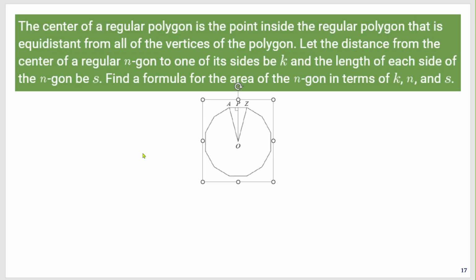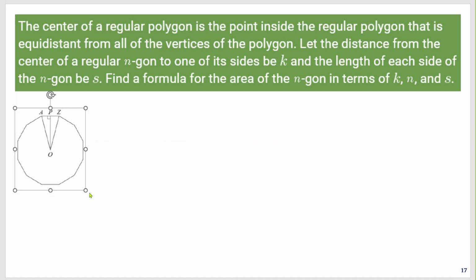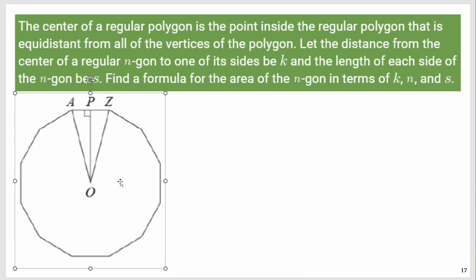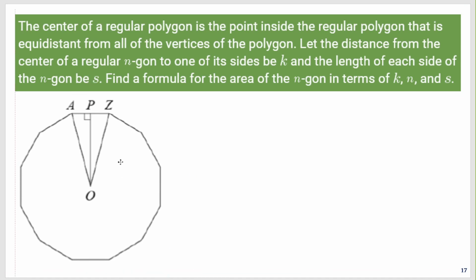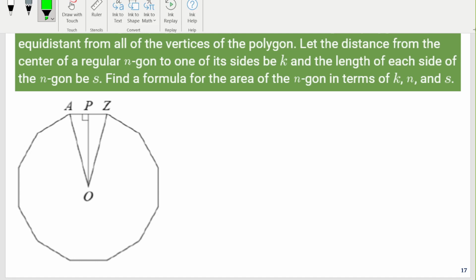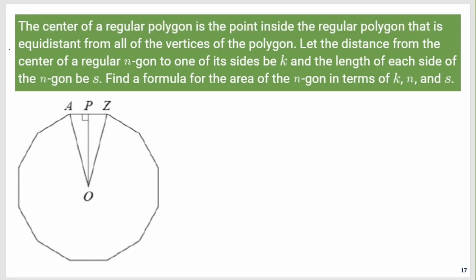Okay, let me draw you a diagram to illustrate the situation here. So suppose this is your n-gon. And you know the length of OP, which is k, and length of each side is s.